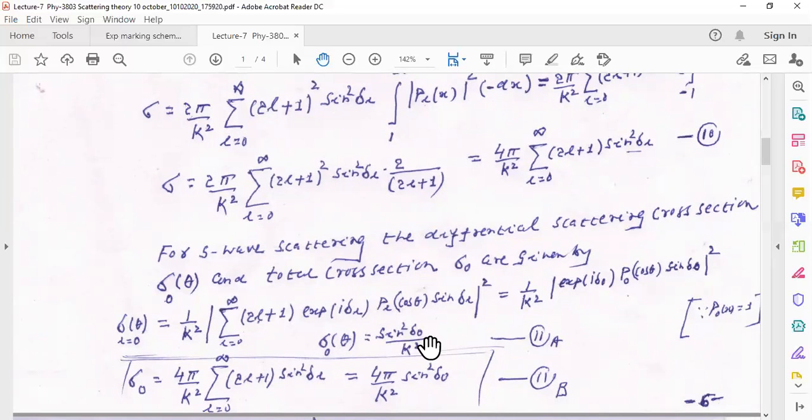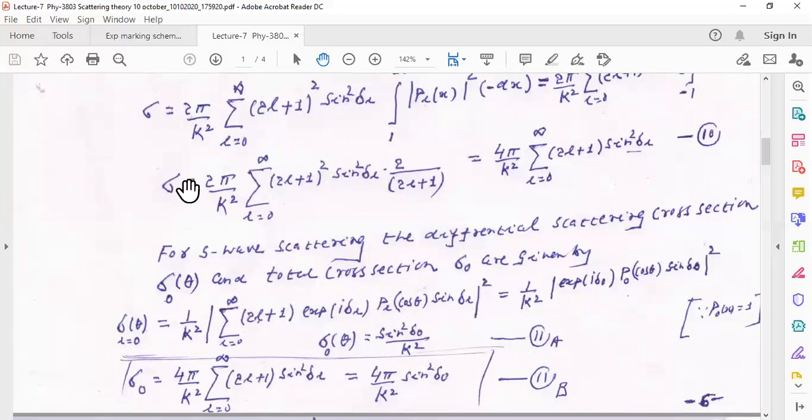This is known as the differential scattering cross section for the partial wave corresponding to L equal to 0, that is the S wave. And now you calculate the total scattering cross section. The total scattering cross section is 4 pi over k square sum over L of 2L plus 1 sine square delta L, correct?